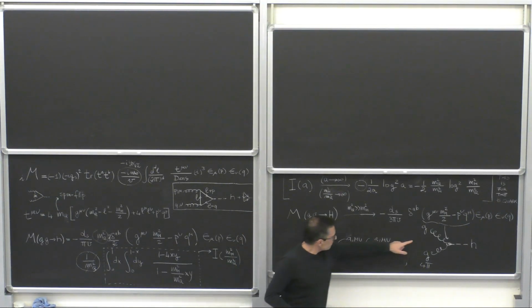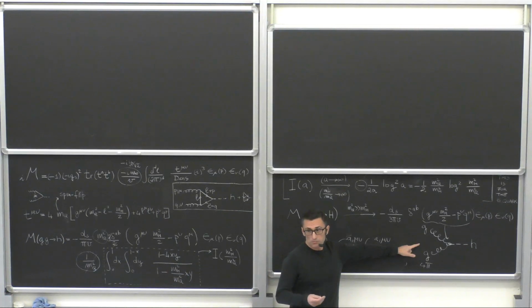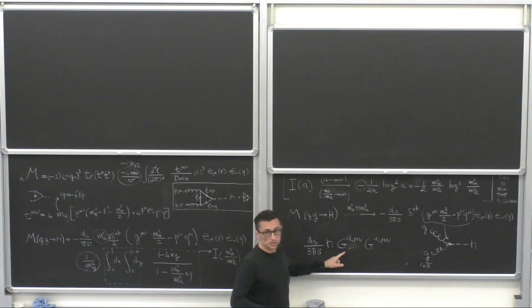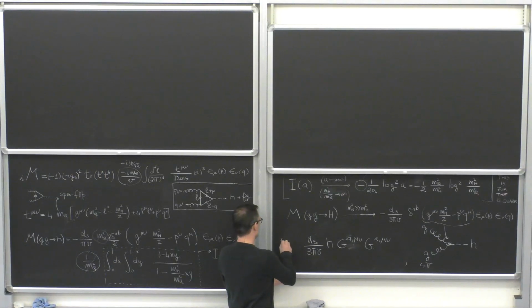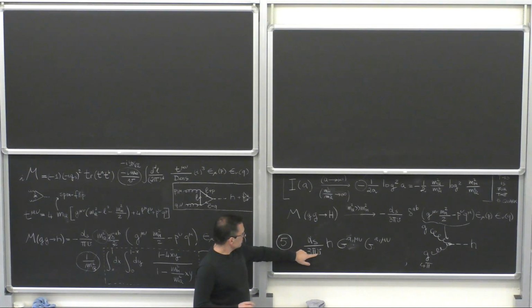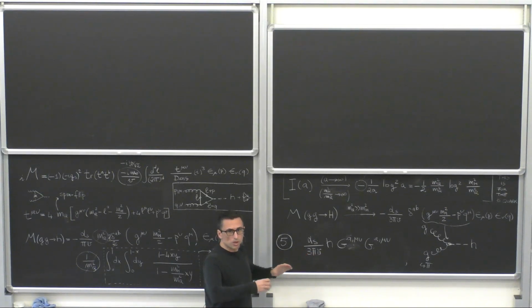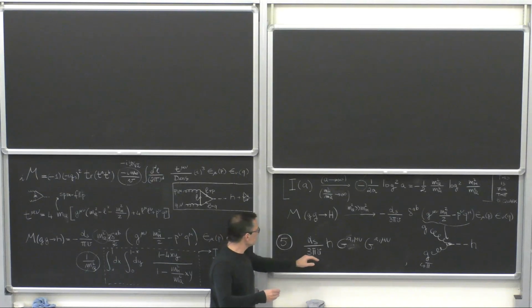This is the first Feynman rule that I get from here. And this is a dimension 5 operator, with V, the vacuum expectation value, as the scale, like lambda in the EFT. So this is a theory which is valid up to V.